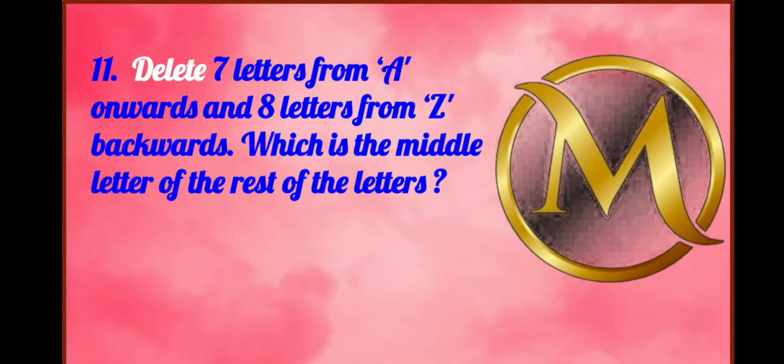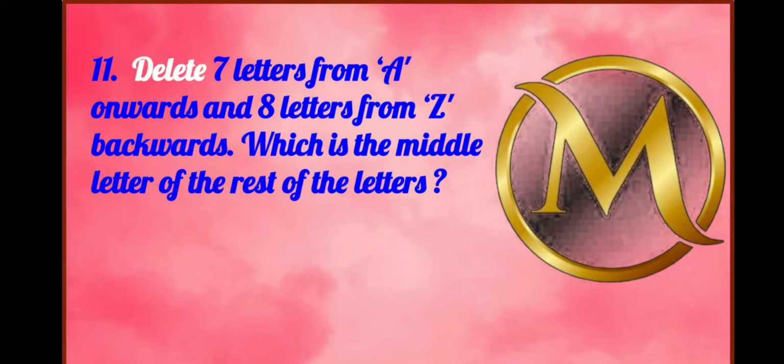The next one: delete 7 letters from A onwards and 8 letters from Z backward. Which is the middle letter of the rest of the letters? See guys, in this question I have a doubt. According to the book, the answer is M, that's why I write M here. But when I am solving this, M and N both are coming in the middle.